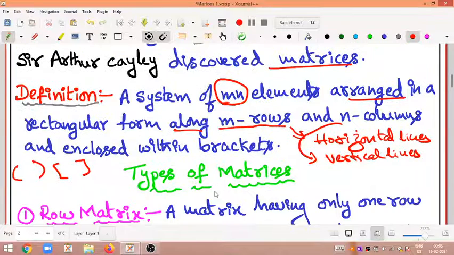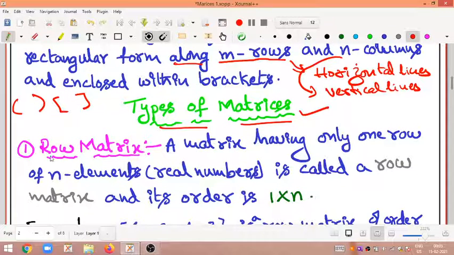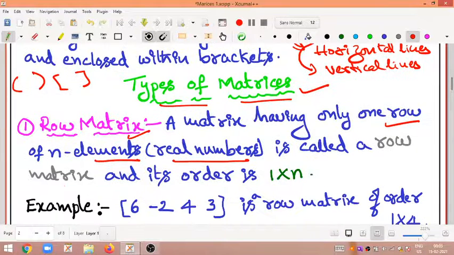Now comes to the types of matrices. First one, row matrix. A matrix having only one row of n elements, that means real numbers, is called a row matrix. Its order is 1 by n or 1 cross n.